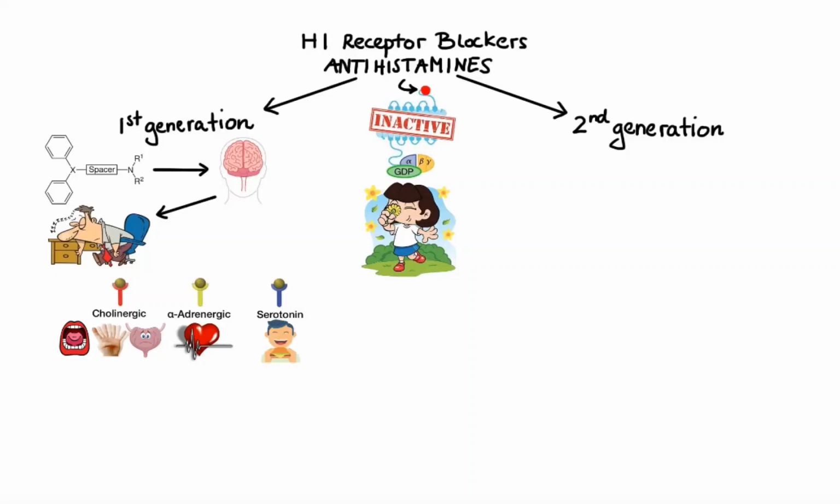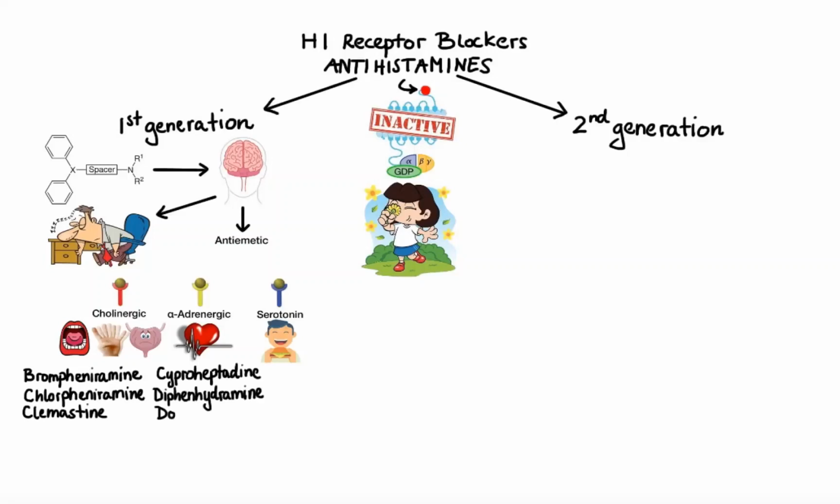On the positive side, blockade of central histamine and acetylcholine receptors seems to be responsible for antiemetic and anti-nausea effects. Examples of first-generation H1 antihistamine include brompheniramine, chlorpheniramine, clemastine, cyproheptadine, diphenhydramine, doxylamine, hydroxyzine, meclizine, and promethazine.